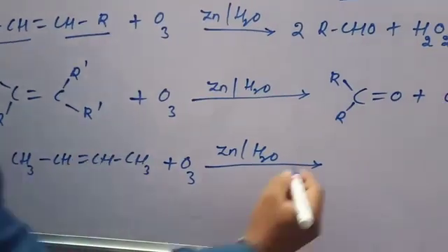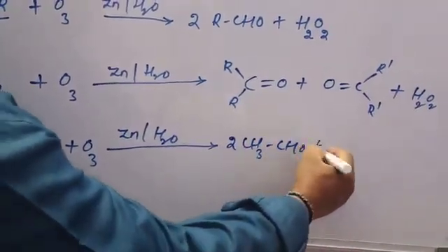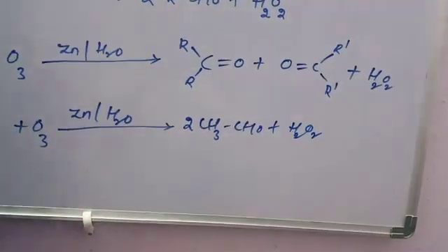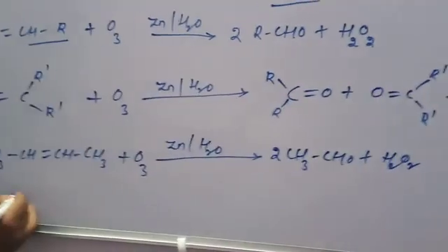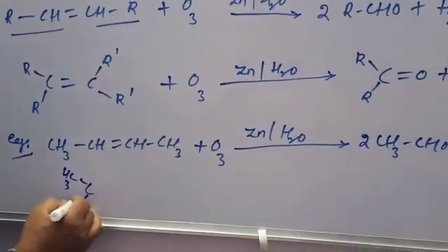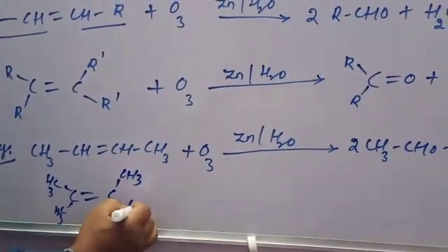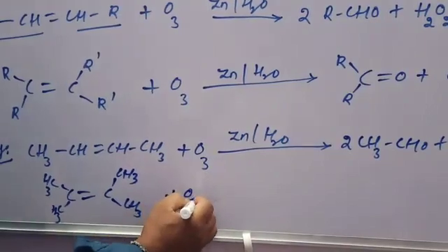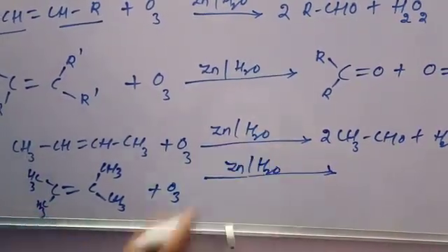It gives 2 moles of acetaldehyde, CH3CHO, plus hydrogen peroxide. For another example, let us consider (CH3)2C=C(CH3)2, which combines with ozone in the presence of zinc and water.